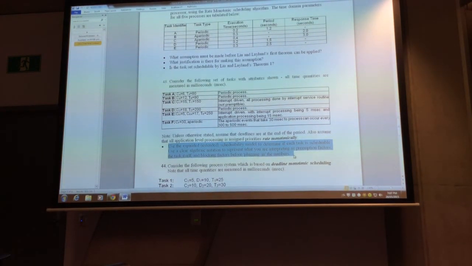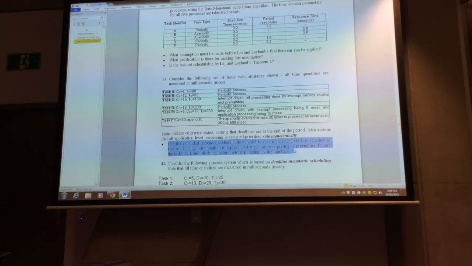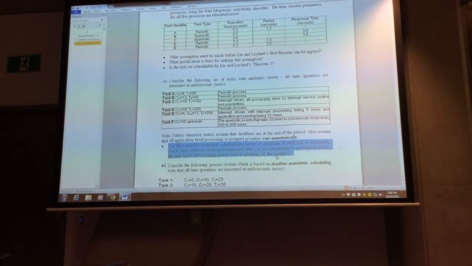I can't be sure whether you really just made a simple arithmetic mistake, or whether you didn't have a clue. So writing down some form of algebraic notation to indicate you understand the execution, preemption, and blocking factors, where there are any, that's going to get you the marks.